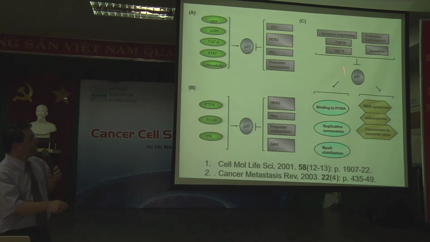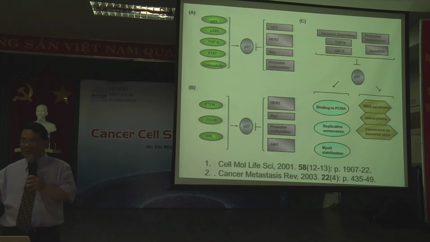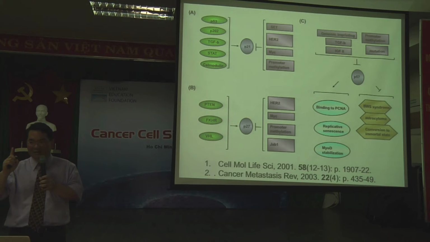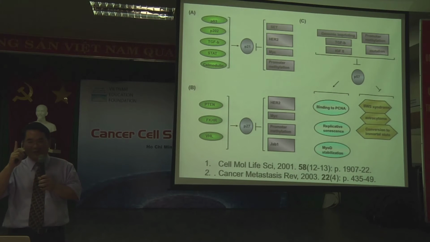It's worthwhile to mention that P57 is paternally imprinted, meaning that in you and me, only one copy of the P57 gene is expressed, and it comes from your mother, not from your father. So the paternal allele has been inactivated. That process is called genomic imprinting.